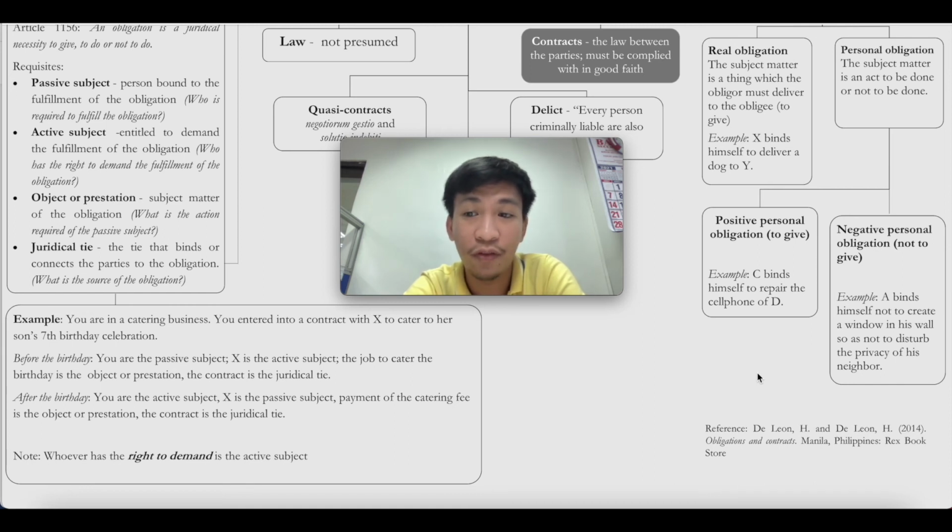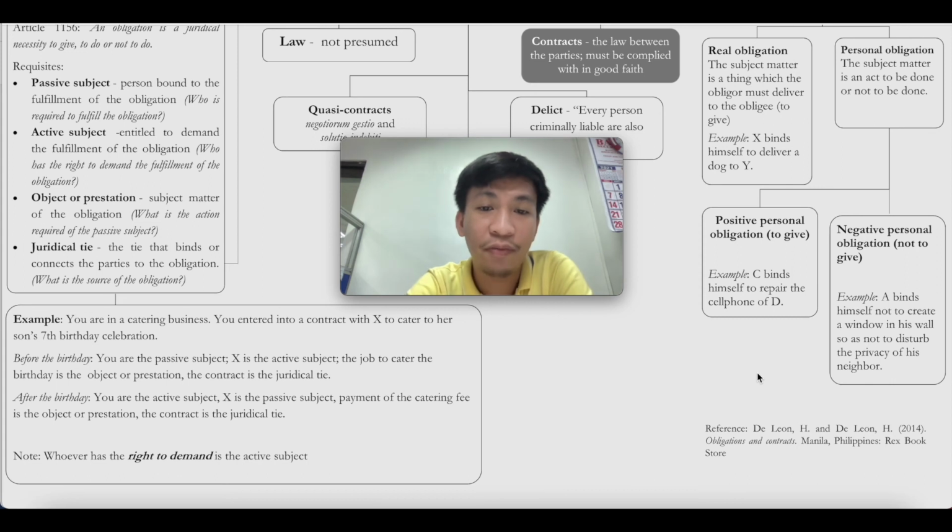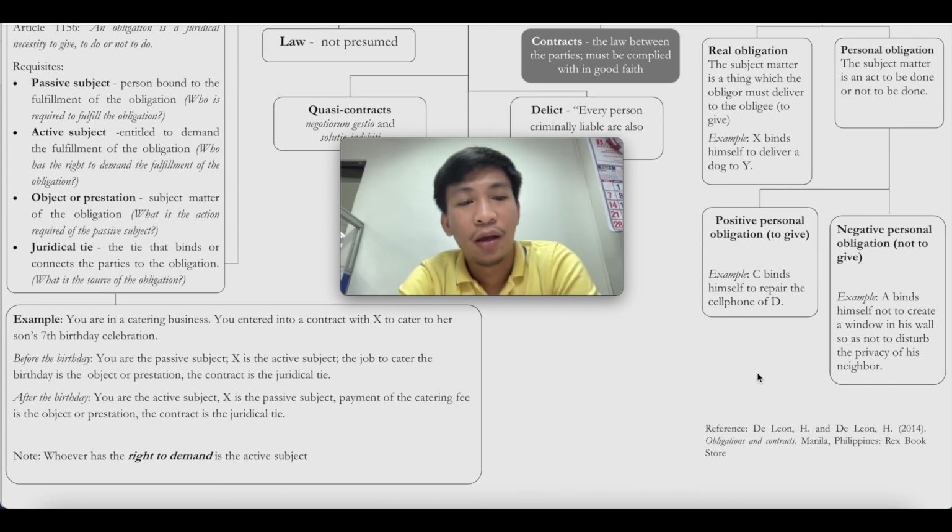Now, is it positive or negative? Since you actually have to do something, it is a positive personal obligation. Now, what ties you? What is the legal tie between you and X? The legal tie there is the contract that you entered into.